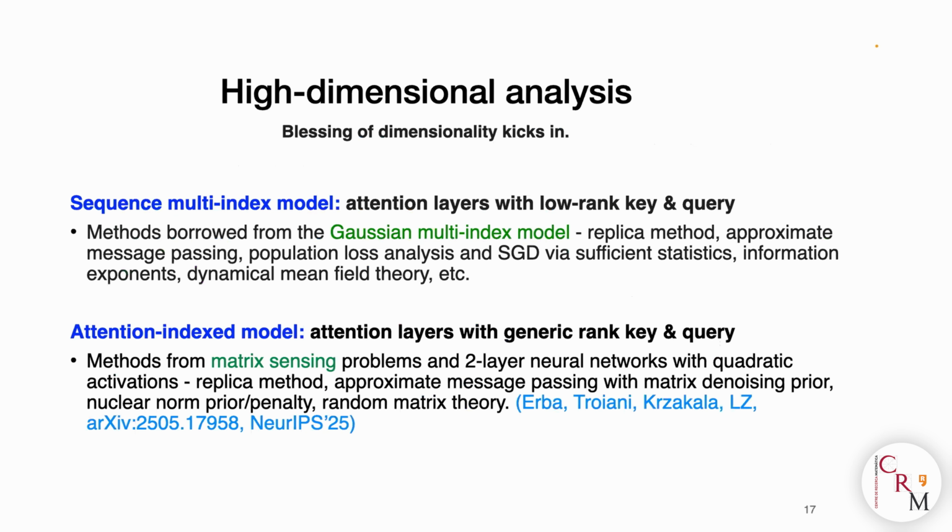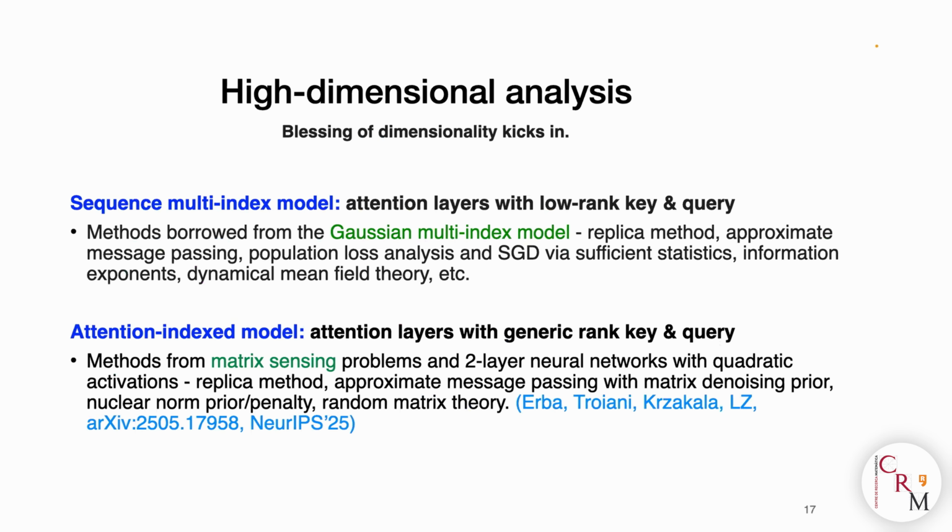Now I have a few slides about how we solve these models. I will not say more about the sequence multi-index model because everything is the same as in the multi-index model. You just need to add the indices of the sequences. That makes some scalars vectors, but everything morally goes through.